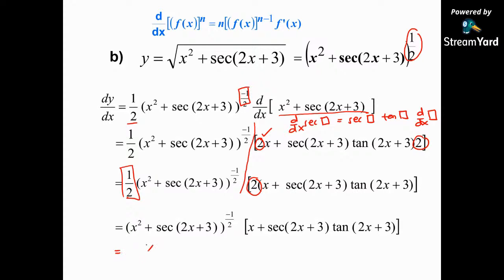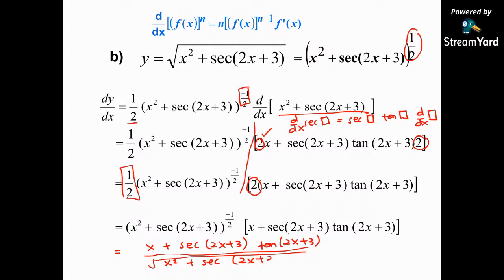Or you can write them down as x plus sec 2x plus 3 tan 2x plus 3 over the square root of x squared plus sec 2x plus 3. So, yang atas ni boleh, yang bawah ni pun boleh lah. Either one will do.